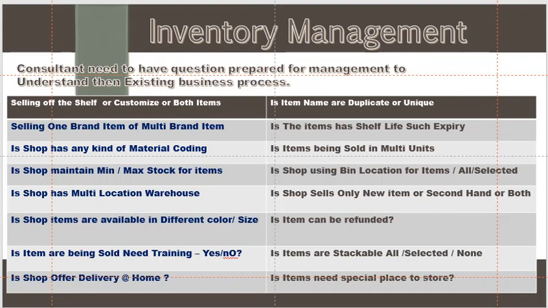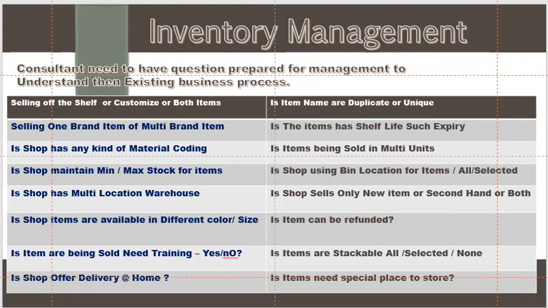If yes, it means the item has a multi-unit mechanism. I can maintain my stock in sets, but when selling, I can sell in pieces. But we have to define in the setup how many pieces are available in one set.